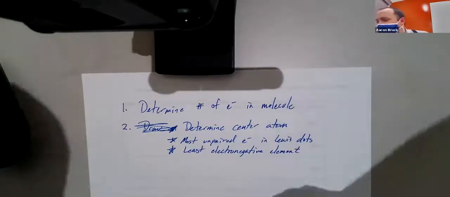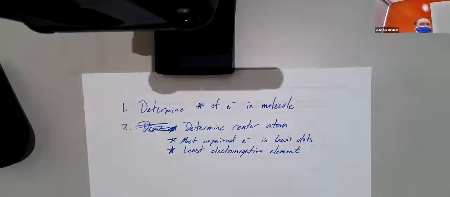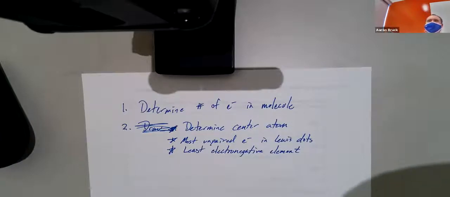Of our elements on the periodic table, electronegativity, the ability of an atom to draw electrons to itself, increases with nonmetallic character. The more nonmetallic something is, the more electronegative it is. The most nonmetallic element is fluorine. Now you'd say, well, what about the noble gases here? Well, the thing that we have to consider, electronegativity is the ability of an atom to draw electrons to itself in a chemical bond.